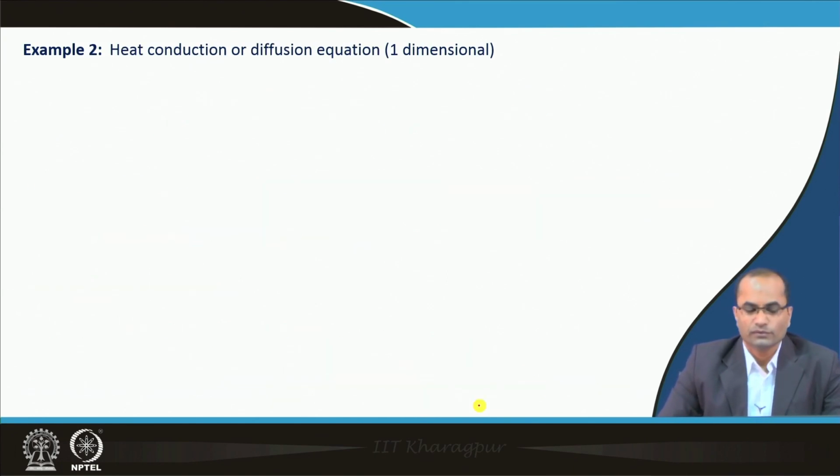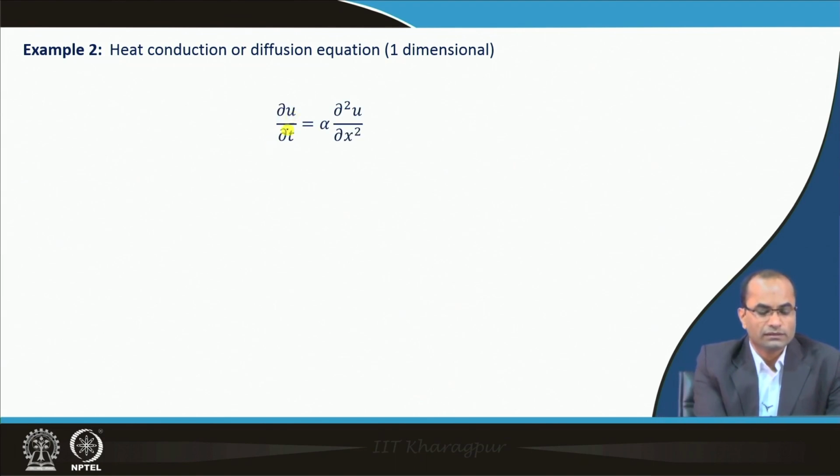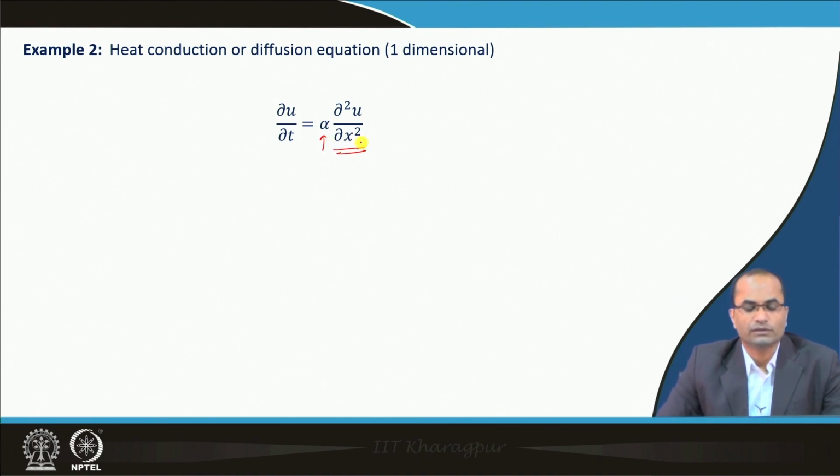Another example is the heat conduction or diffusion equation. We are stating this here in one dimension. So, this is del u over del t is equal to alpha, some constant which depends on the material properties or the mechanism, times the second partial derivative with respect to x.